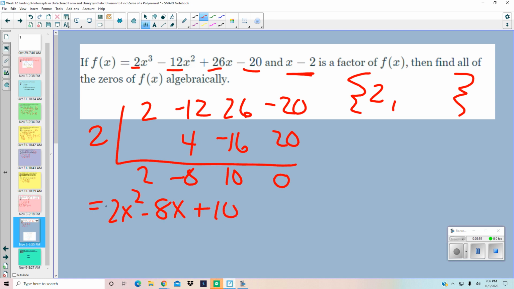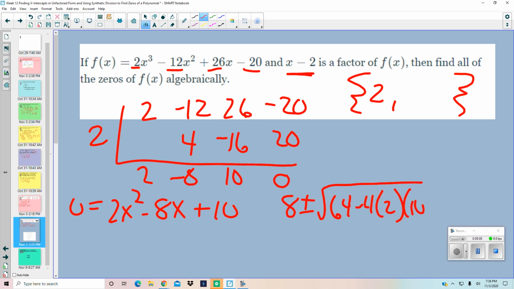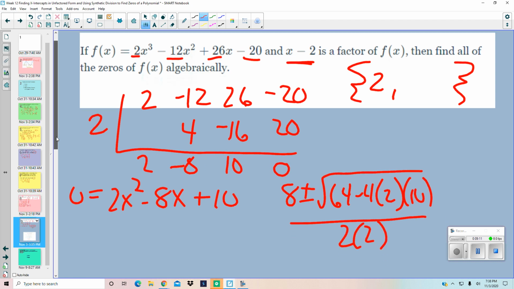That's my quadratic. I'm going to actually do the quadratic formula just to show you that that always works. So negative of b is 8 plus or minus square root. B squared is 64 minus 4 times 2 times 10 divided by 2 times 2. So what is under that radical?